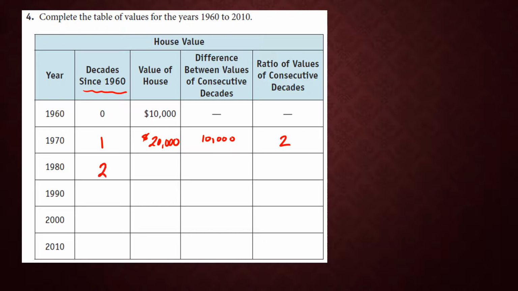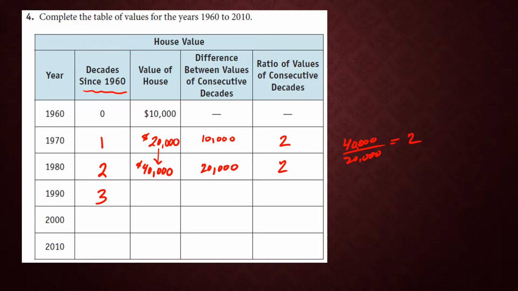Then 2 decades after 1960, it's worth 40,000 in 1980. The difference is 20,000, from 20 to 40 this time, and the ratio, 40,000 divided by 20,000, is still 2.